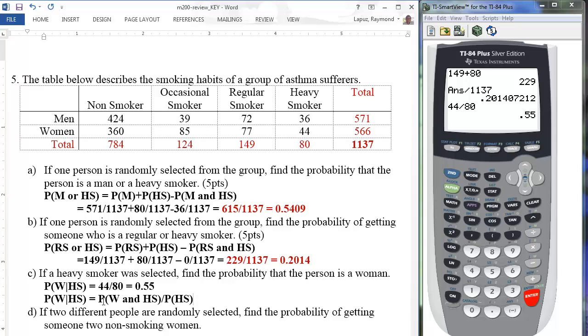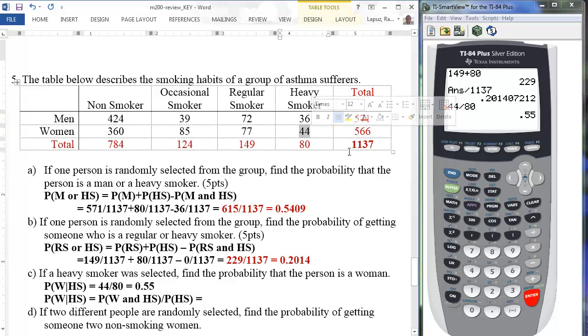This is just another way to do it. It's going to require more steps than the previous option, but just to show you that both are correct, we look at the probability that we select a woman and a heavy smoker, and this is just selecting from the whole population.